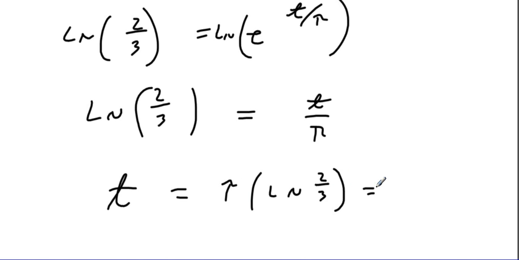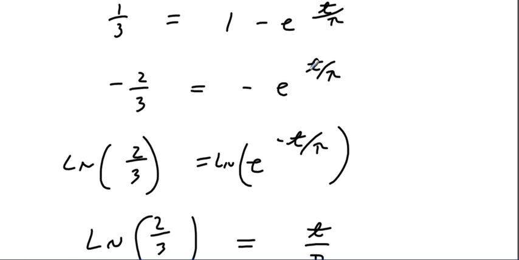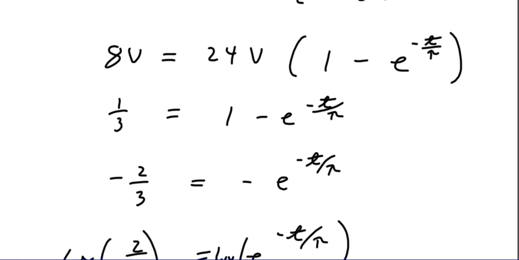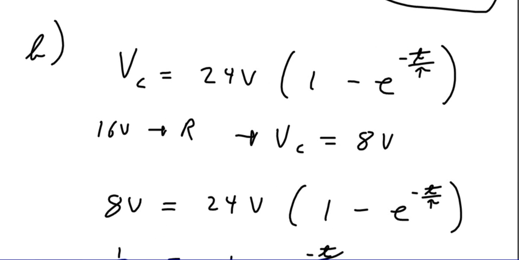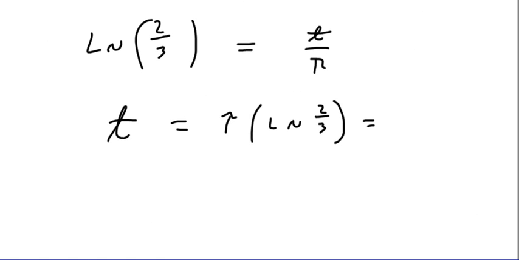So the natural log of 2 divided by 3 is a negative number. Oh, yeah, there's a minus sign sitting there, and a minus sign sitting up there. Okay, that's perfectly okay. That means I got a minus sign there.